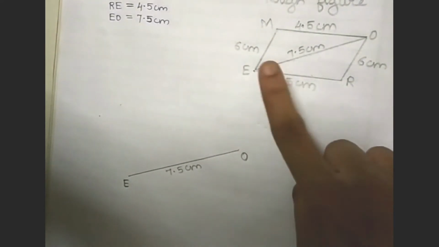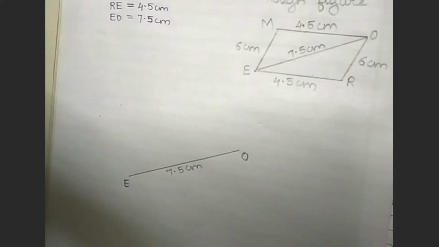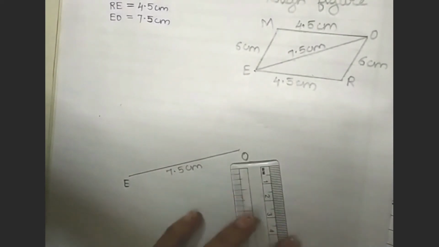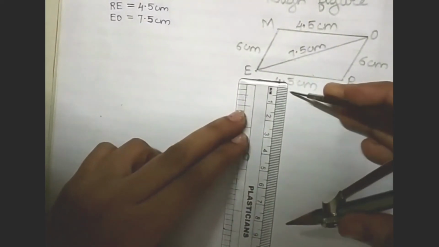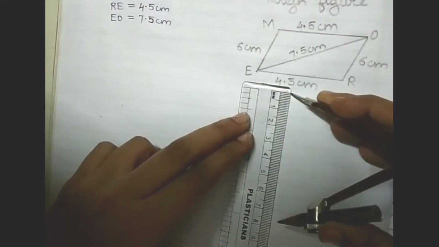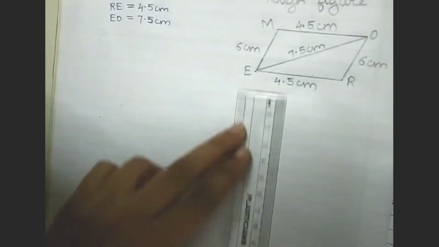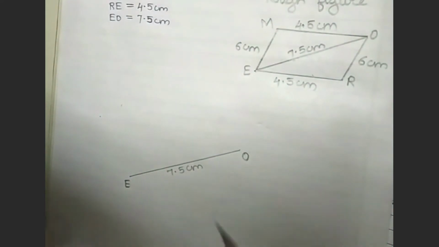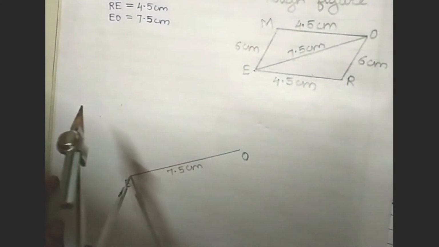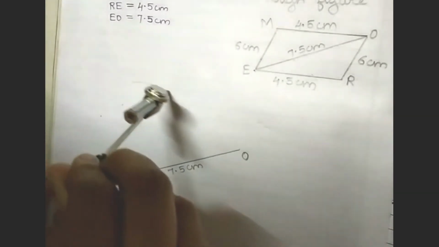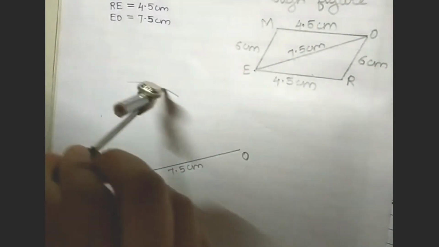So first we will construct EM. The measurement of EM is 6 centimeter. So I will take the measurement 6 centimeter on compass, and I will draw an arc from E. My compass pointer will be on E, and I will construct an arc.